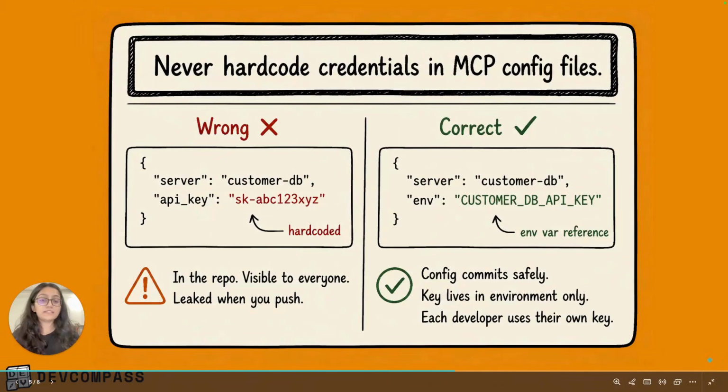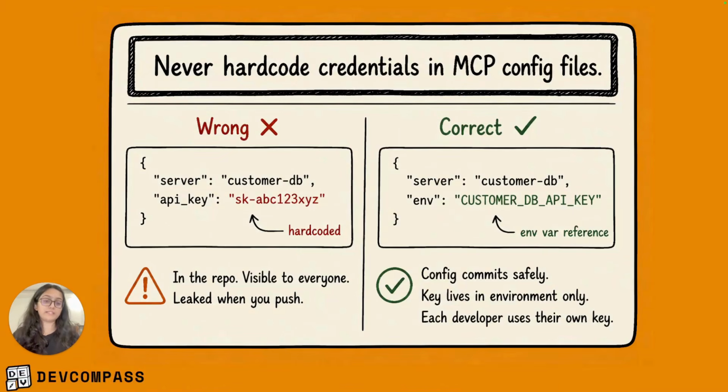Now, this is where most teams make a mistake when they first set up MCP, and it's a mistake with real security consequences. If you look at version A on the left, the wrong way, the MCP config file contains the API key directly. API key, sk-abc123, whatever, hard-coded as a string. The config file is committed to the repository.